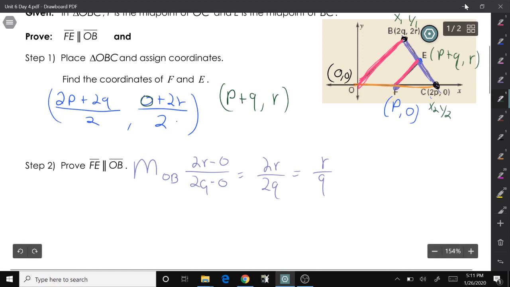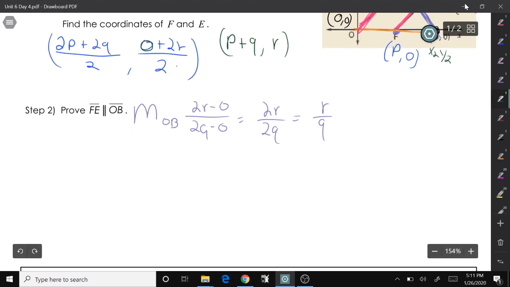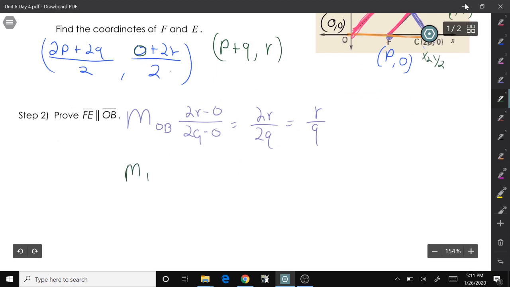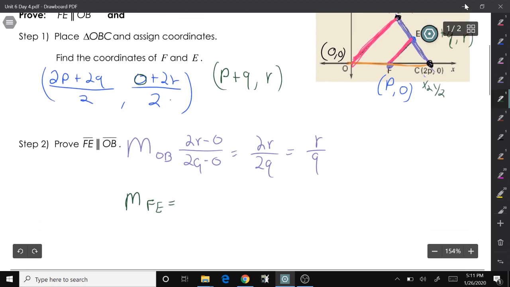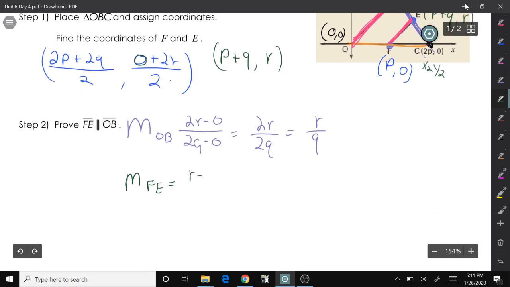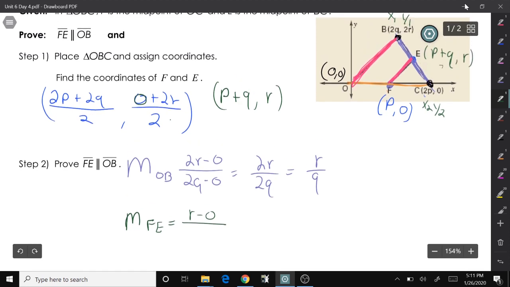We're going to do the same thing for FE. The slope of FE is equal to r minus 0 over p plus q minus p.